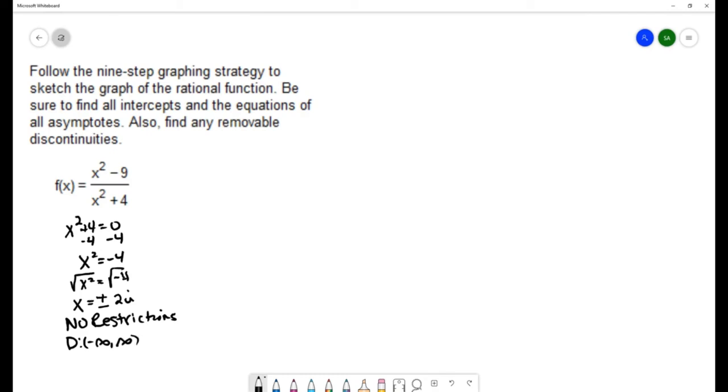Because there are no restrictions, that also tells us that there are no vertical asymptotes and also no removable discontinuities, because vertical asymptotes and removable discontinuities occur at those restricted values. So since we have none, we will have no vertical asymptote and no removable discontinuity.